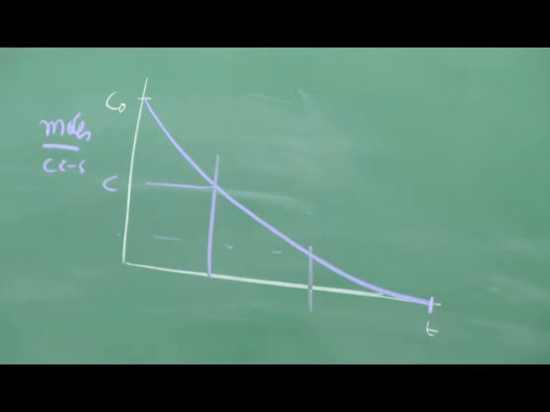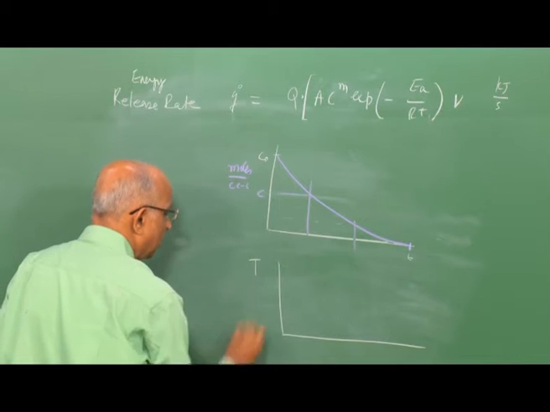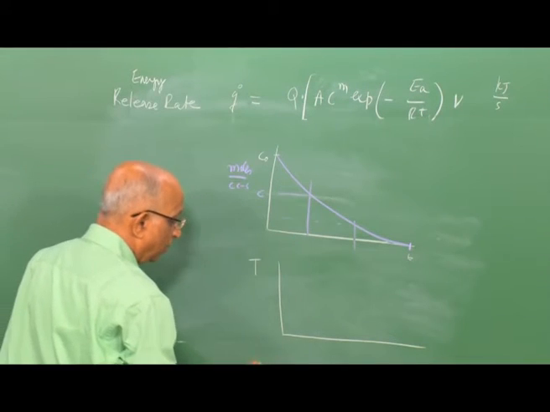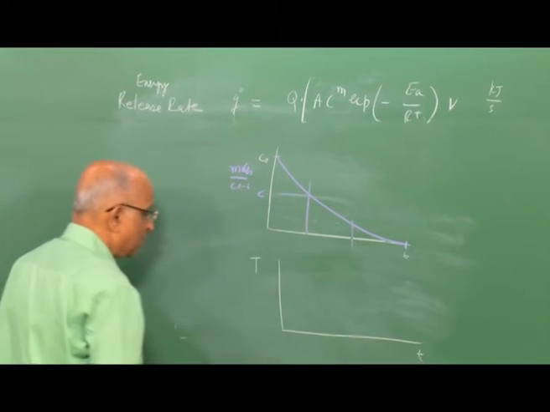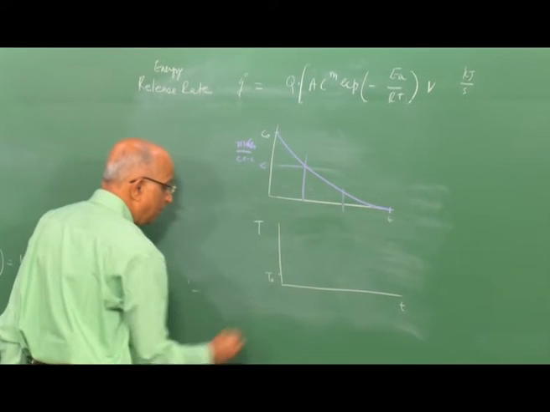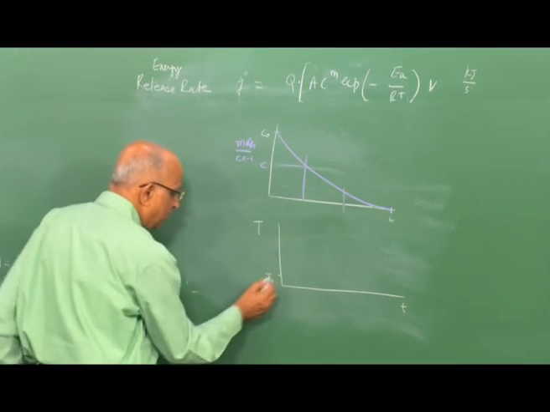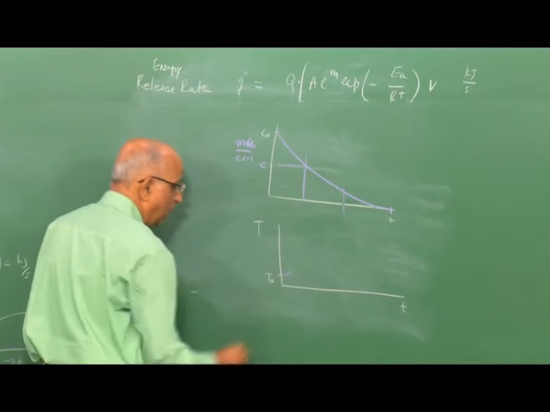How should we think the temperature could change? We need to get some idea on this. If this is the way the concentration changes, the temperature of the products in the reaction will also change with respect to time. Initially, the temperature is T naught, the ambient temperature. The chemical reaction starts, and the temperature begins to build up.